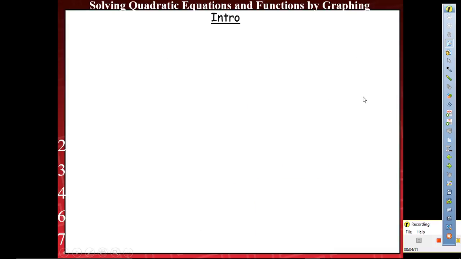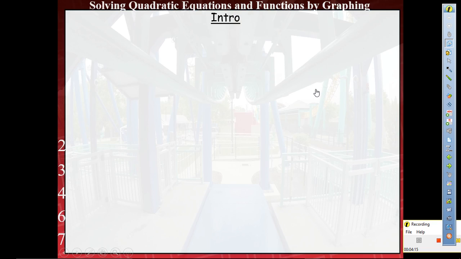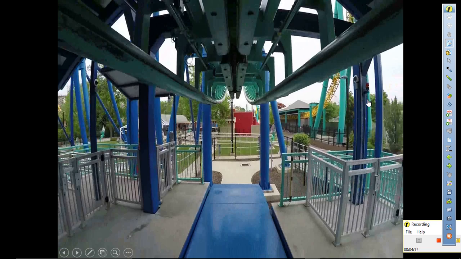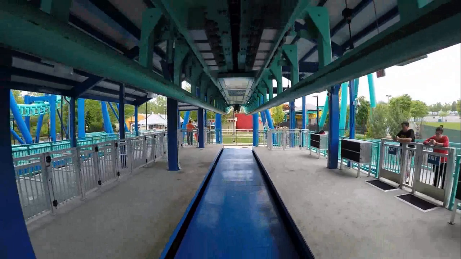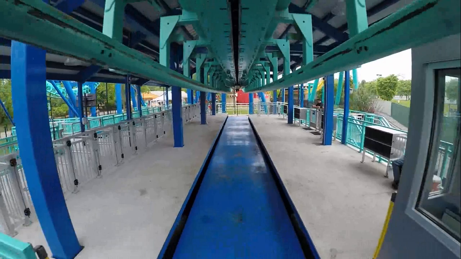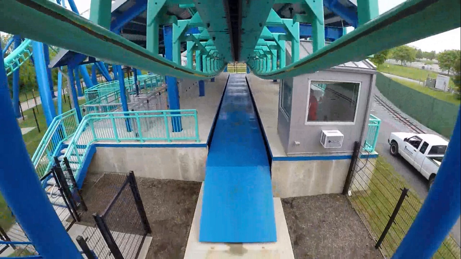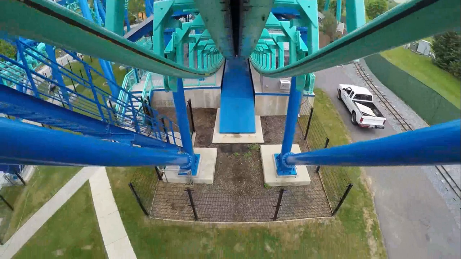Now, the last application that I'm going to show you, there's more, but let me show you the last one, is the one that probably we never think about because we're always having fun. Quadratic functions.